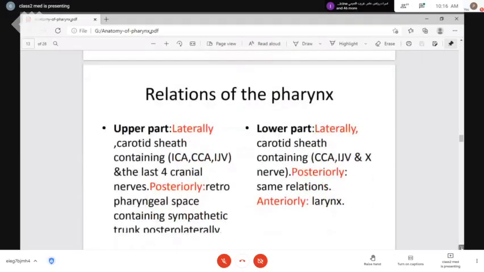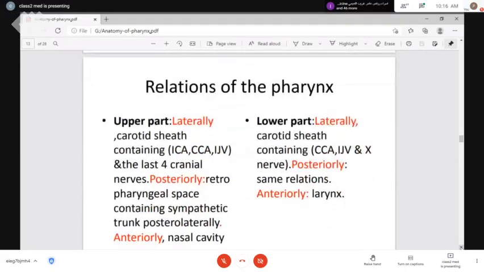The relations of the pharynx, the upper part and the lower part.